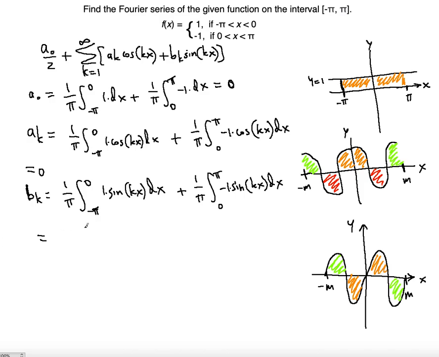So for this reason, we can just write the integral from 0 to pi, right? Because we're looking at this here, and finding twice the negative of this, right? So we're going to write minus 2 over pi sine kx dx, and that's it, because that way you don't have to spend time on finding each of these integrals, right? This is what's beautiful about symmetry.